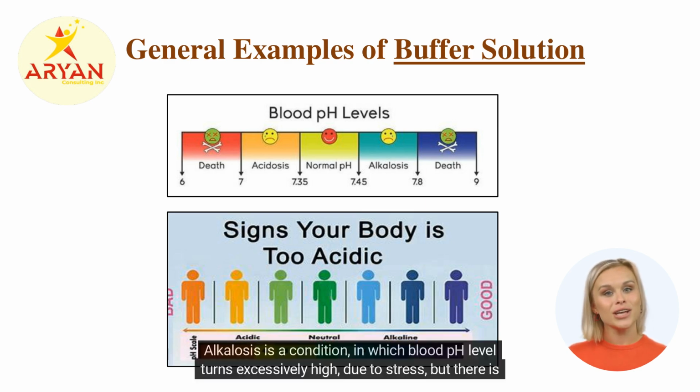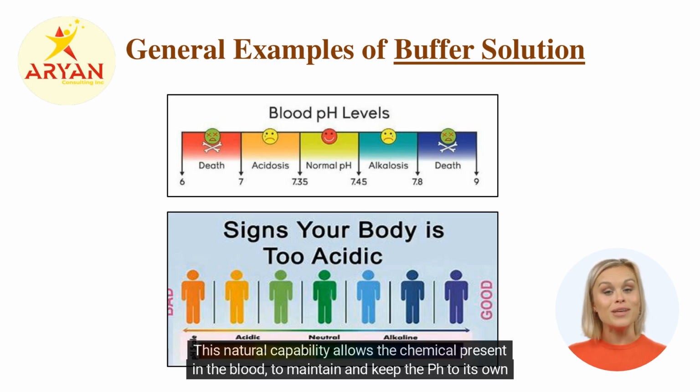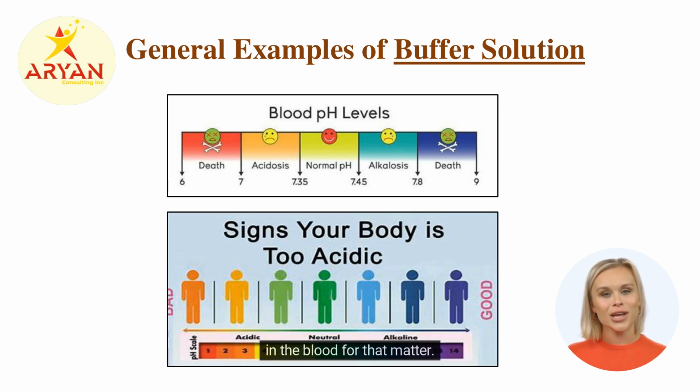Alkalosis is a condition in which blood pH level turns excessively high due to stress, but there is a natural capability within your blood. This natural capability allows the chemicals present in the blood to keep the pH at its own level of 7.4 and not let it fluctuate, regardless of actual alkalinity being increased or decreased in the blood for that matter.